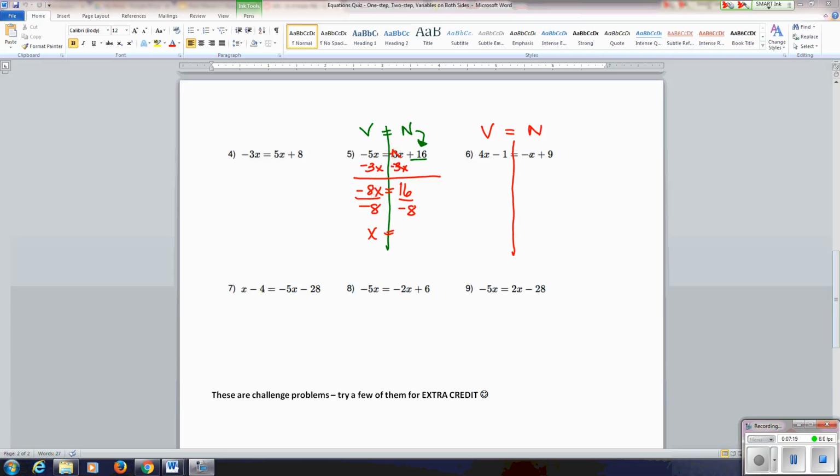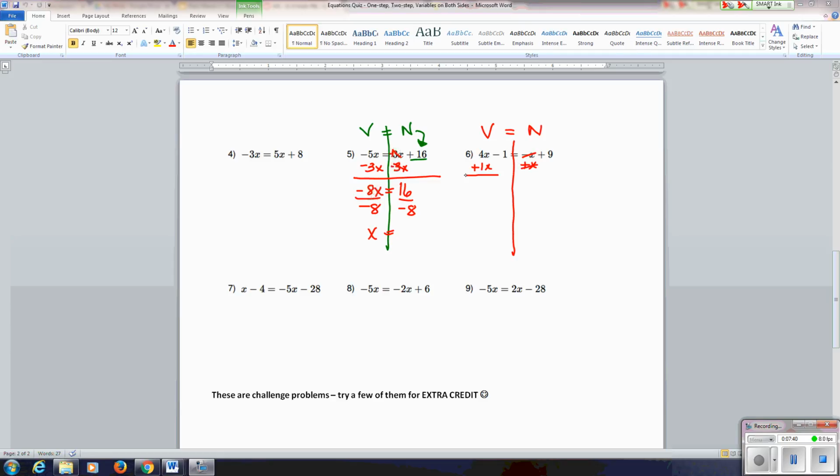That means I'm going to bring all of my x's over here. So I'm going to get rid of this one over here. I want this to become 0. So negative x and positive x make 0. And if you have to look at it like a positive 1x, that's fine. Write that if that will help you add that together. So that brings my x's over here because now this is gone.